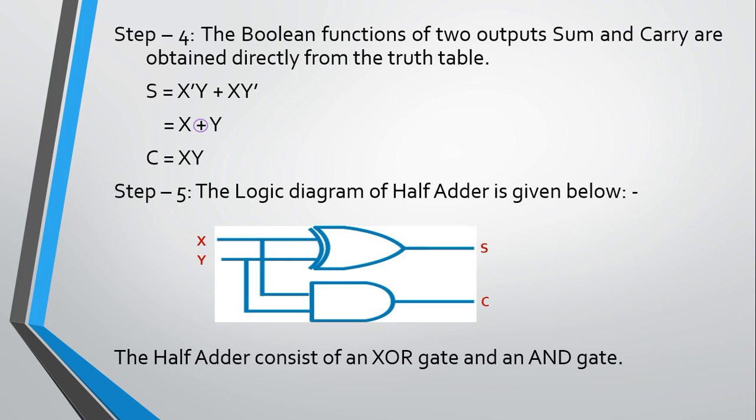Based on the truth table you need to form the Boolean function. Based on the Boolean function you need to write the logic diagram. So from this you can say that a half adder circuit consists of a collection of an XOR gate as well as an AND gate. Is that clear to everyone?